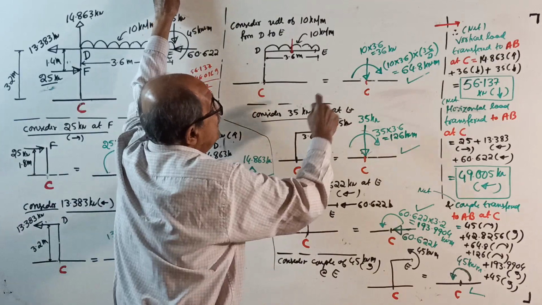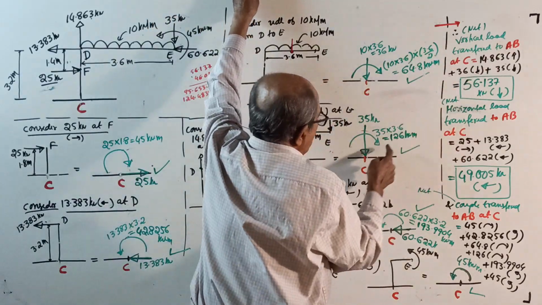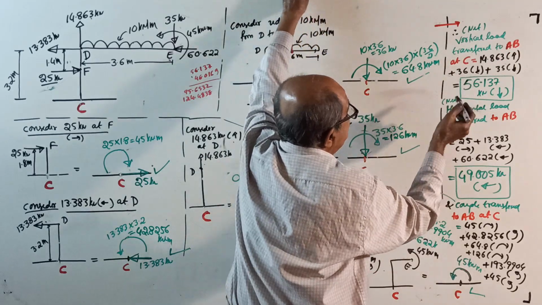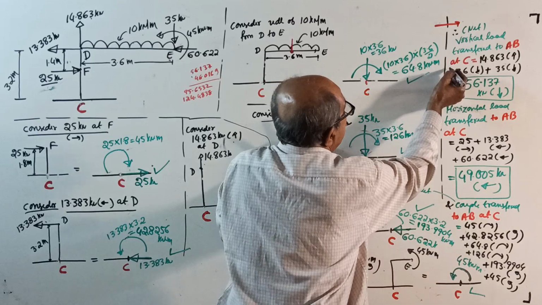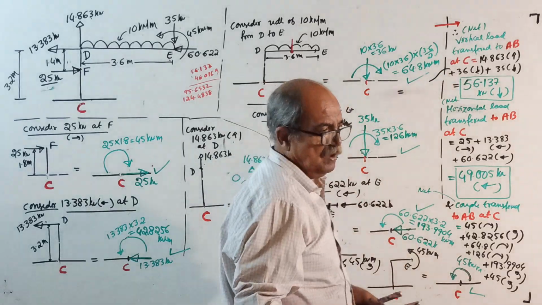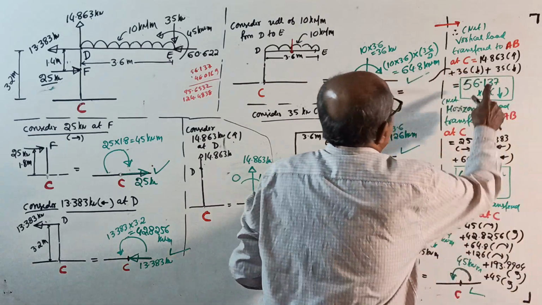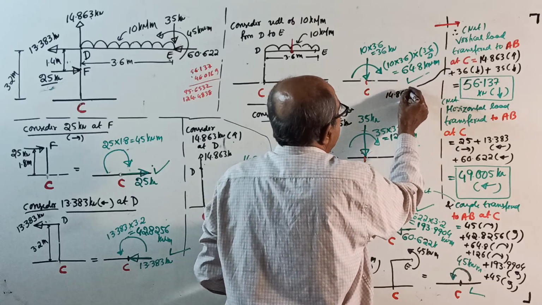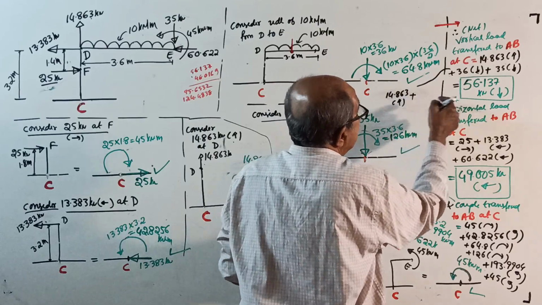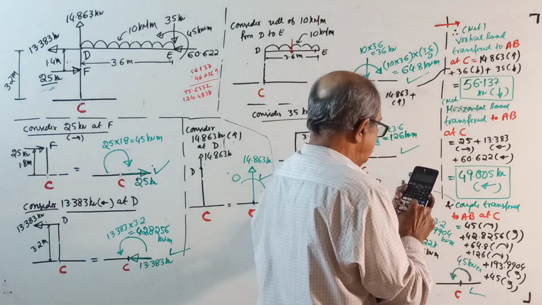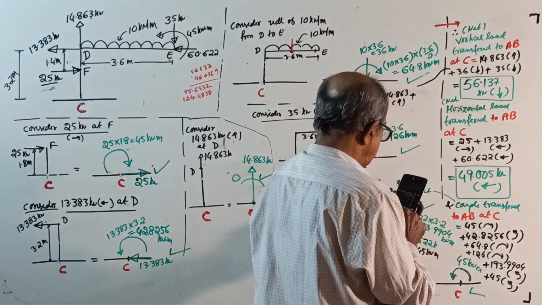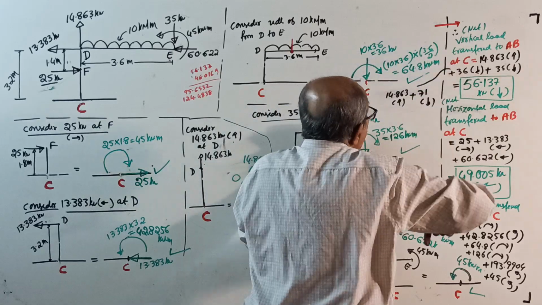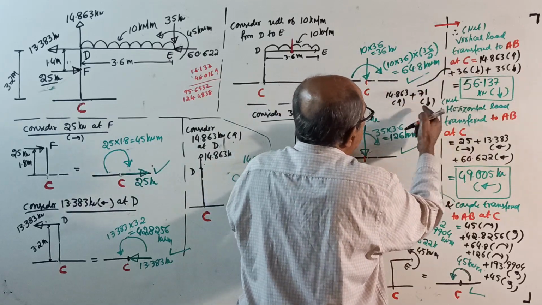14.863 in the upward direction, 36 in the downward direction, one more here, 35 in the downward direction. That's all. Now do one thing, equal to, you can write one more statement there: 14.863 is in upward direction plus 36 down and 35 down, which are 71 down. 14.863 up means higher one.